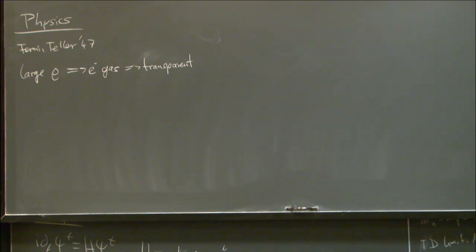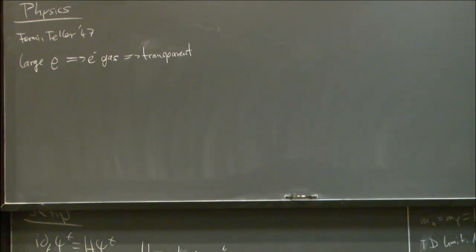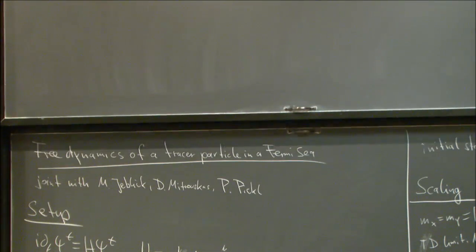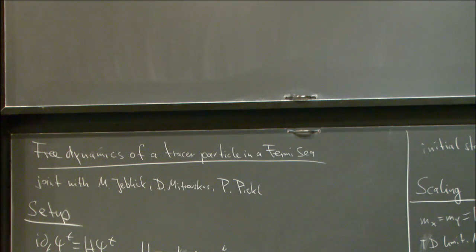So for fermions, it's the opposite situation, which of course has to do with the fact that the Fermi sea is just an antisymmetric product of states of higher and higher energy that you have to occupy. Okay, I'll come in a minute to the more exact explanation.